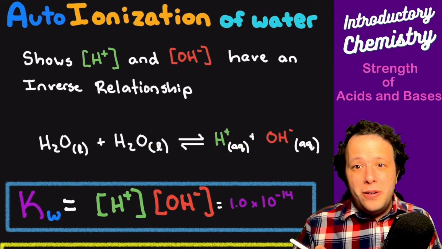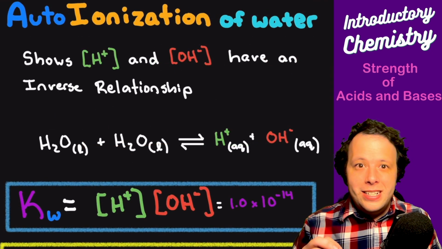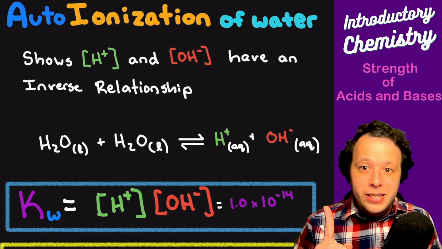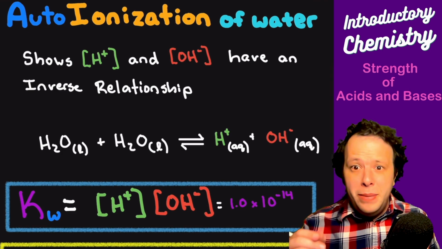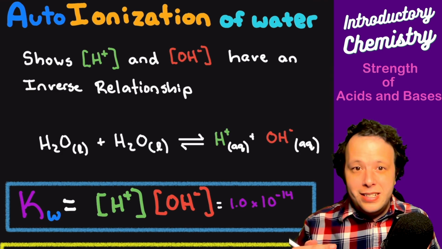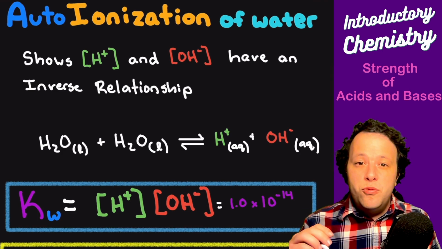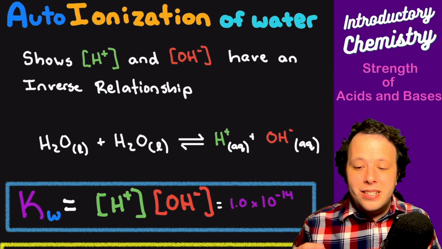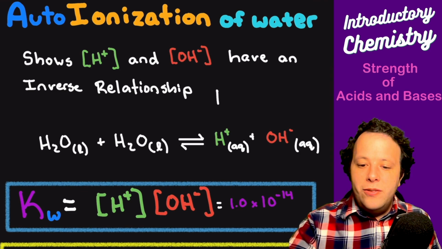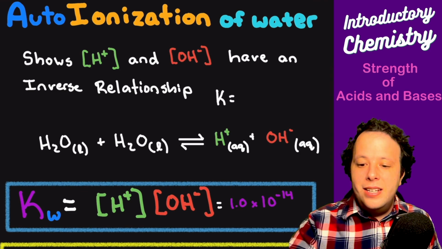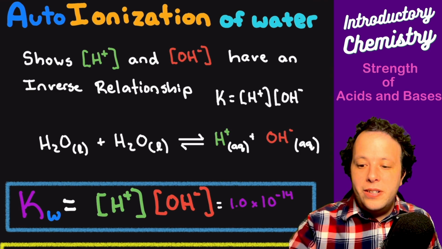Now, the most important part that comes with the autoionization of water is all about that relationship. It is a Bronsted-Lowry acid and base, and it's also an Arrhenius acid and base. When it comes to writing the K expression for this, we can write it as H plus times OH minus, and we exclude the water.